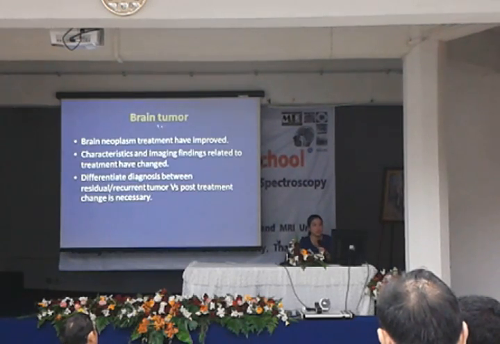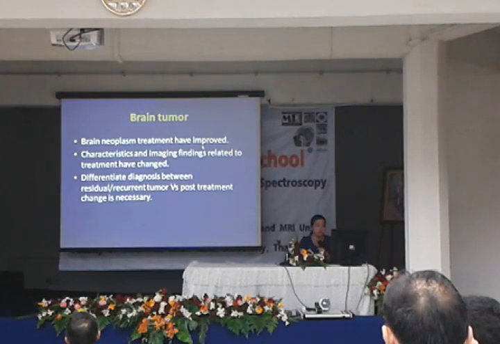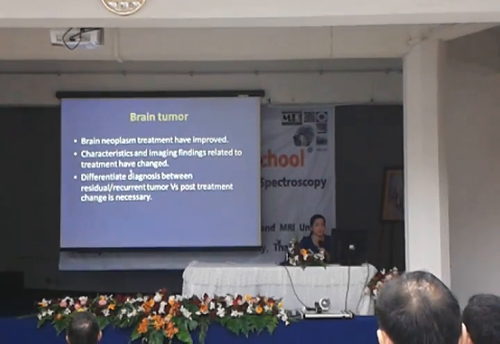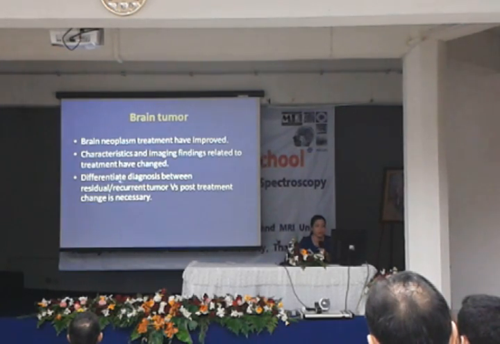And for brain tumor, as neoplasm treatment has improved, the characteristic imaging findings related to treatment have changed. Then the radiologists have to know how the imaging changes, and differentiating diagnosis between recurrent tumor or post-treatment change is necessary.